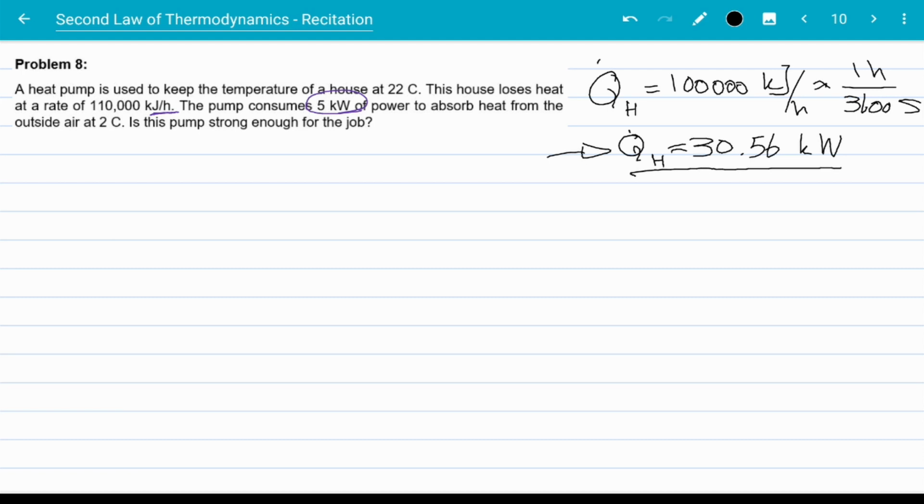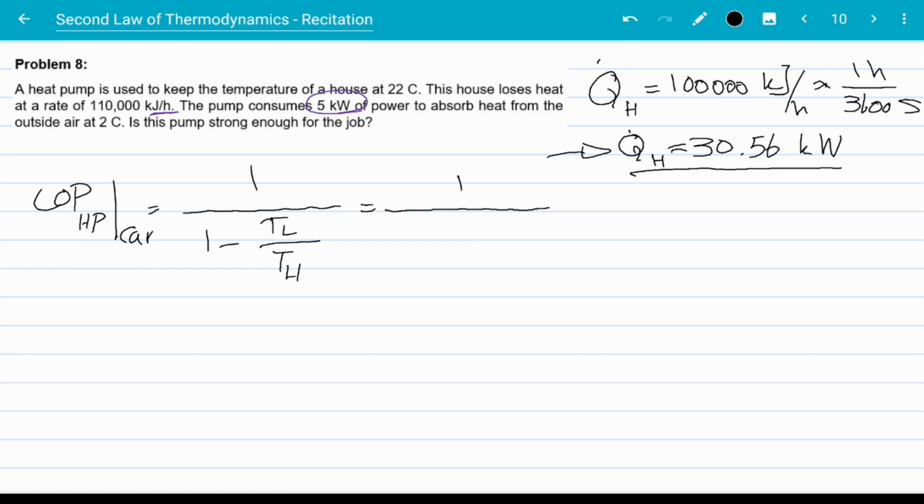Okay. Coefficient of performance of a heat pump operating on a Carnot cycle, COP of the heat pump, Carnot, is 1 over 1 minus TL over TH. Again, TL is the temperature of the heat sink, and TH is the temperature of the heat source, both in Kelvin.